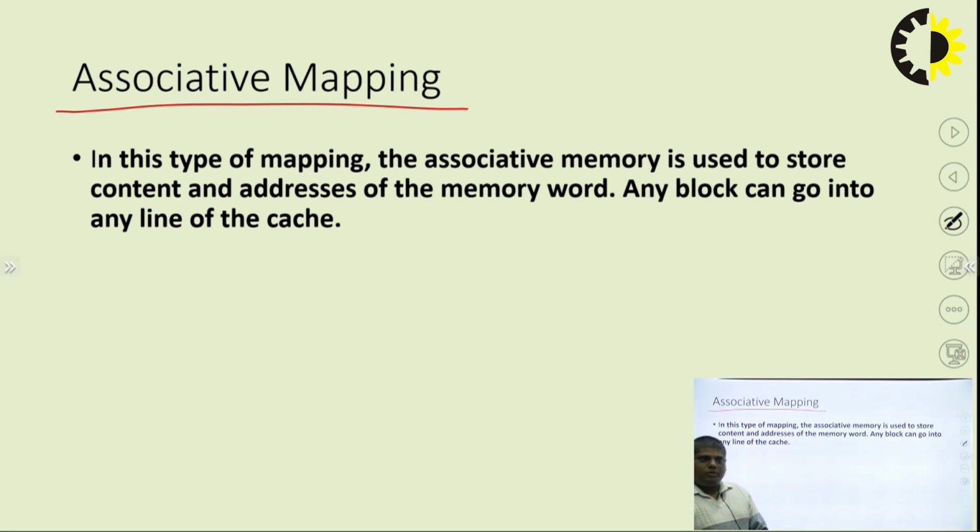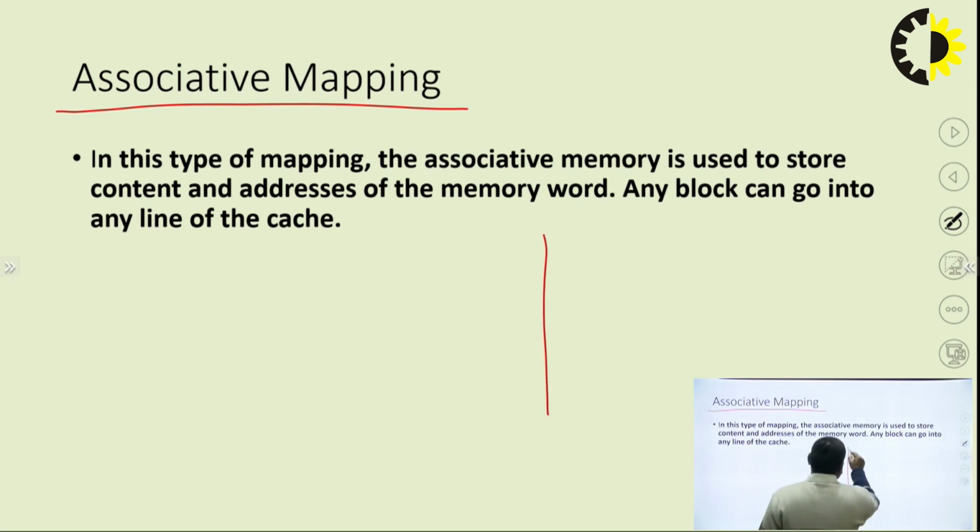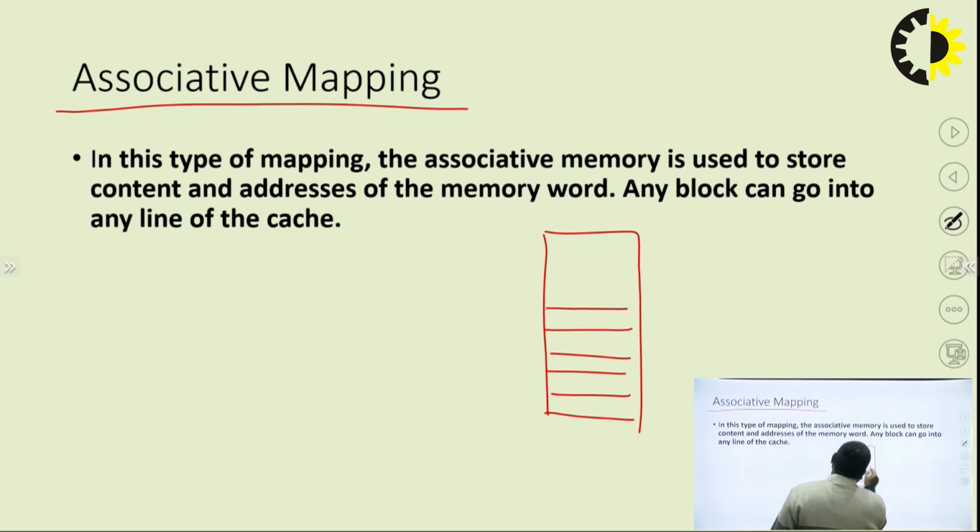Before I explain what associative mapping is, let's take a very simple numeric example. Suppose that in RAM there are a total of 16 blocks.